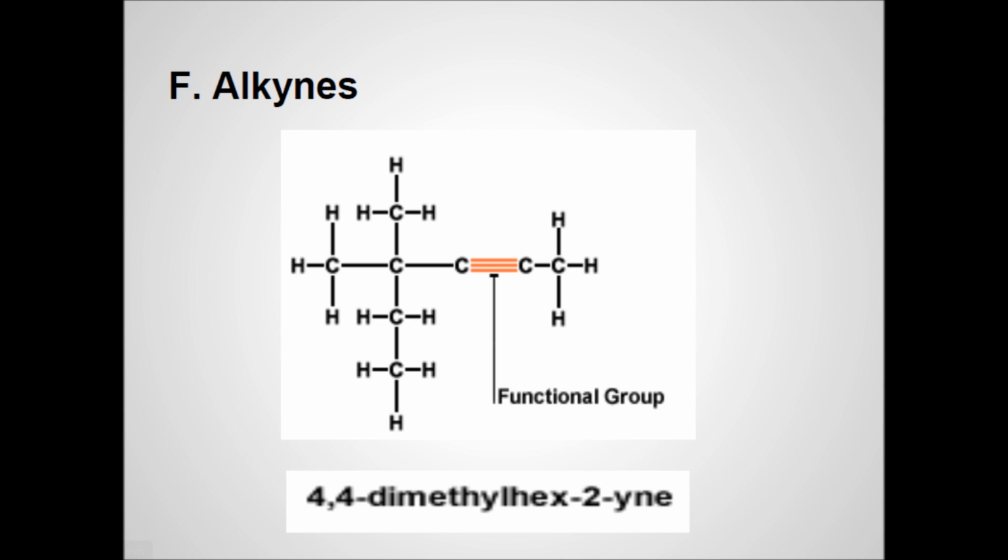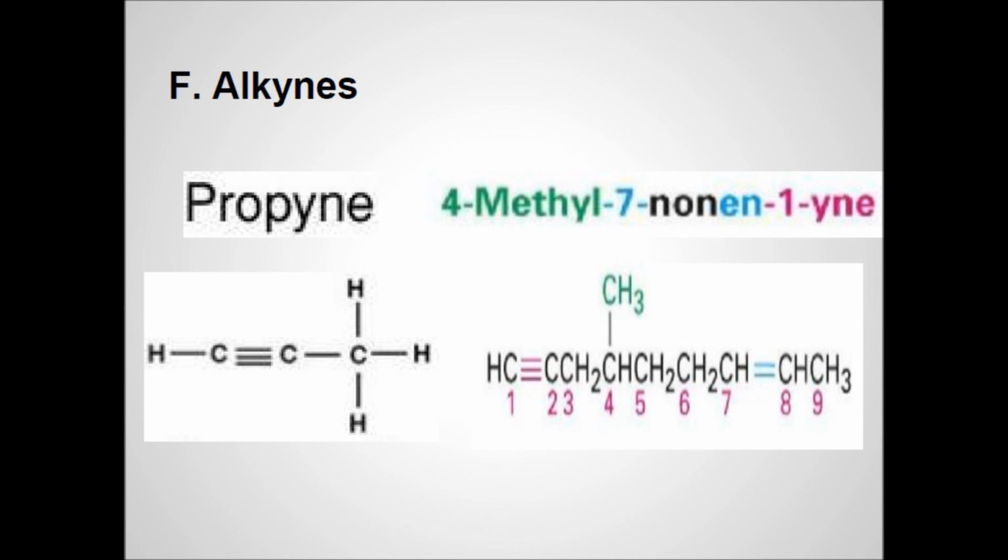Now try this one. Find the parent chain, then find the branch chain. Check the bonds. There's a triple bond between the second and third carbons, so it is going to be 4 and 4 dimethylhexyne. This time try to draw these. Draw 3 carbons first. There's no branch chain.